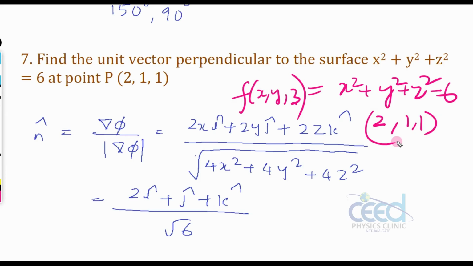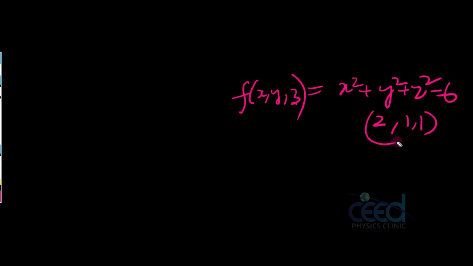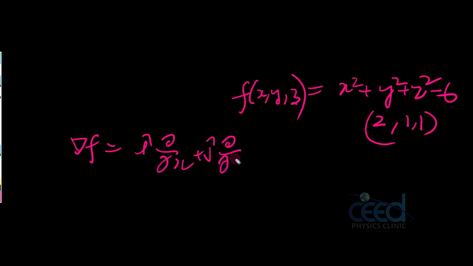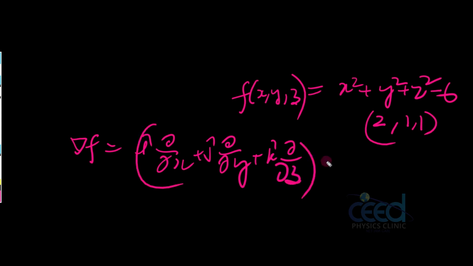To find the unit normal vector, you have to find gradient. That means del phi is equal to del f. Here the function is f we have taken, so that is i cap dou by dou x plus j cap dou by dou y plus k cap dou by dou z into x square plus y square plus z square minus 6, right?